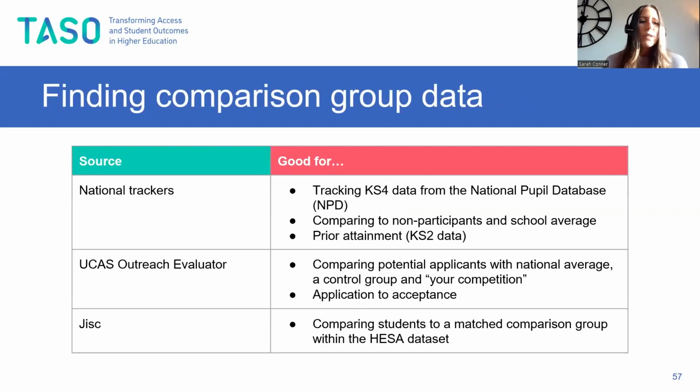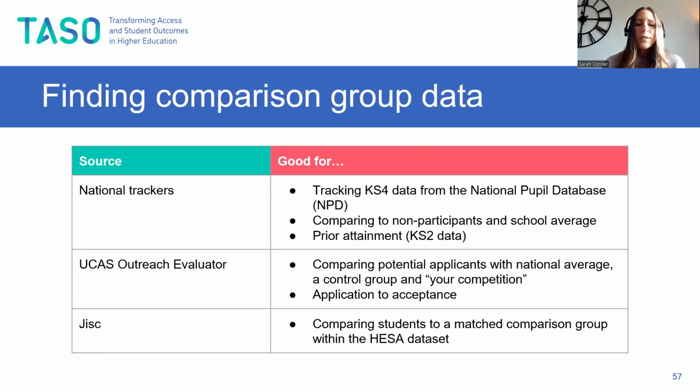So only a couple more slides to go before our Q&A, but I just wanted to highlight that conducting quasi-experimental design can be achieved when you've got that comparison group data available. If you're a member of any of the national trackers, so HEAT, MREP or AIM Higher, you can track attainment data for your pupils that have participated in interventions.